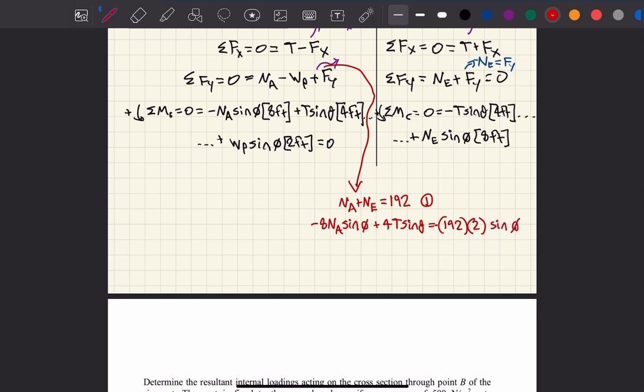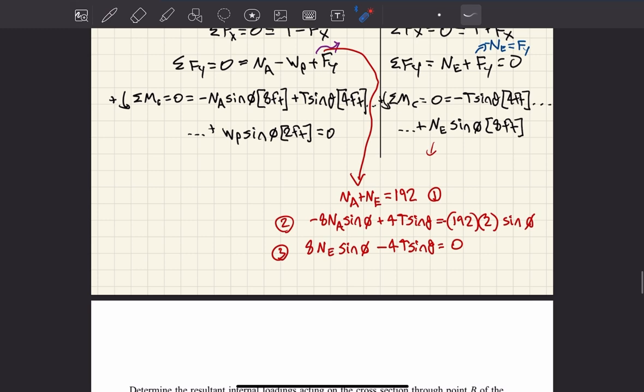This is equation 2, and then for equation 3 you're going to have NE. Perfect. Hopefully that is right. I will double check that, and if not, I will have to re-record that. But those are your three equations.